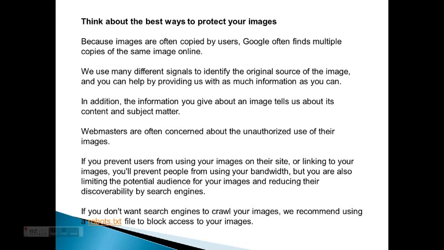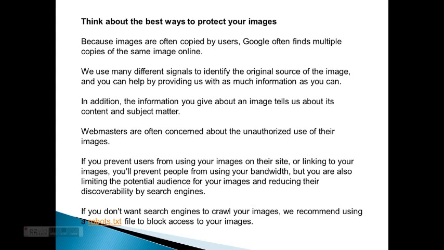Think about the best ways to protect your images. Because images are often copied by users, Google often finds multiple copies of the same image online. We use many different signals to identify the original source of the image. You can help by providing us with as much information as you can. In addition, the information you give about an image tells us about its content and subject matter.